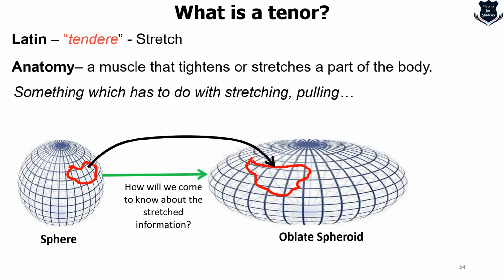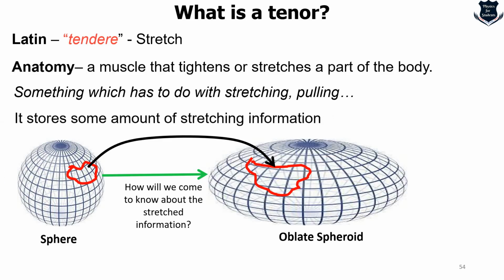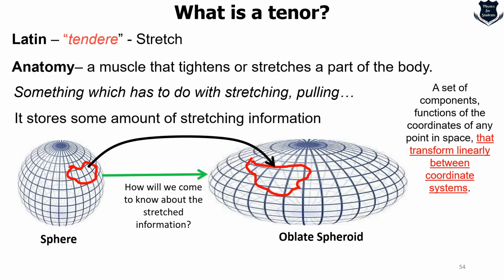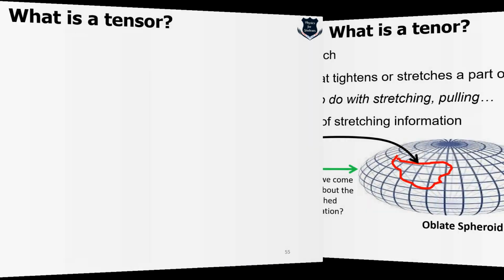And how do we come to know about that stretched information? That is the role of tensors. You can see that it is a set of components of the coordinates that transforms linearly. That means it follows certain mathematical rules to transform, and this is basically registered through the usage of tensors.